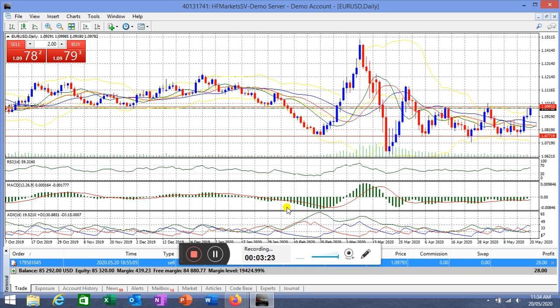All right, so you basically continue, you'd get out right here. Possibly you could use the ADX right here. It's telling you that you're going to have a reversal, and that would be the optimum point to get out, or you'd get out right here as well.